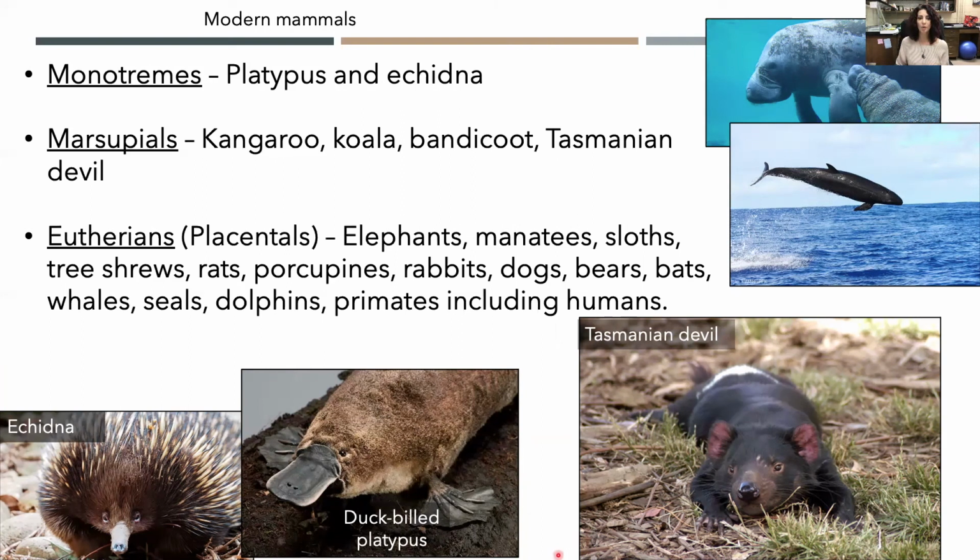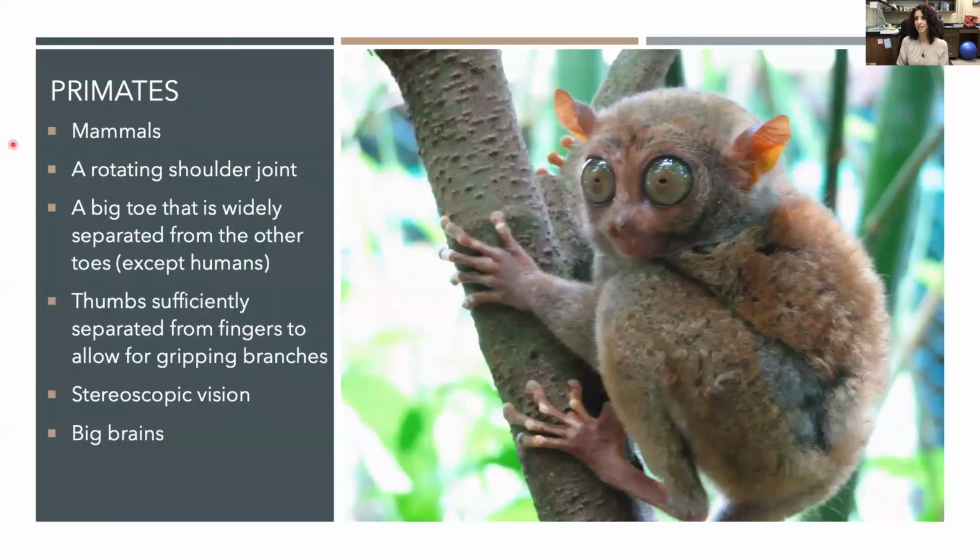So within our primates, of course, they are mammals, and there are specialized features about their physical body plan that separates the primates from other mammals. So most of the adaptations are to allow them to climb trees and have this arboreal way of life. And all of our primates are descendant from tree dwellers.